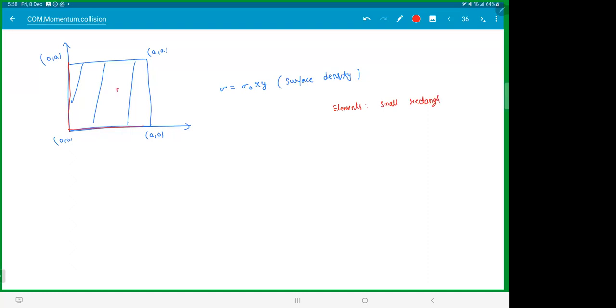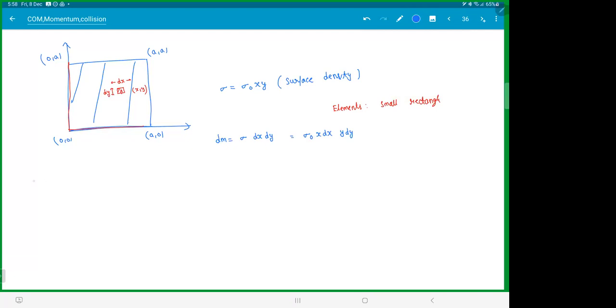At some distance here, take a small slice like this, whose width is dx, whose height is dy, and the coordinates are x comma y. This is called double integration. This is something new, so listen carefully. The mass of that small piece will be sigma times area dx dy, so this would be sigma naught x dx y dy.